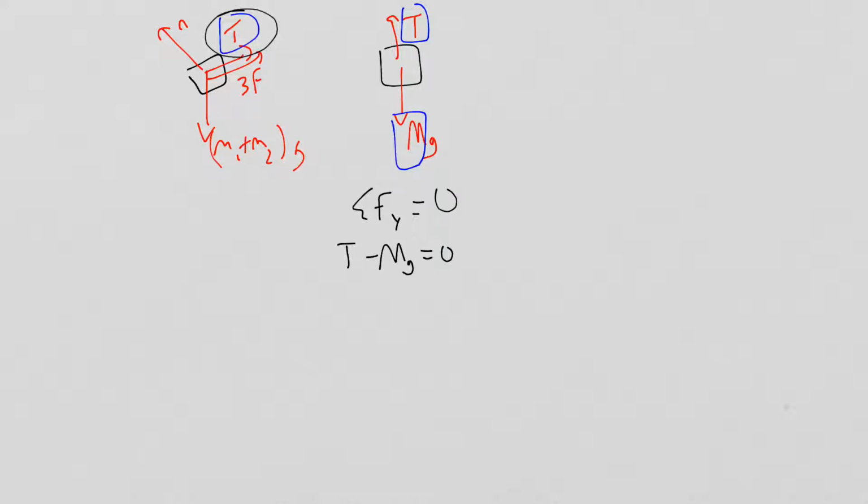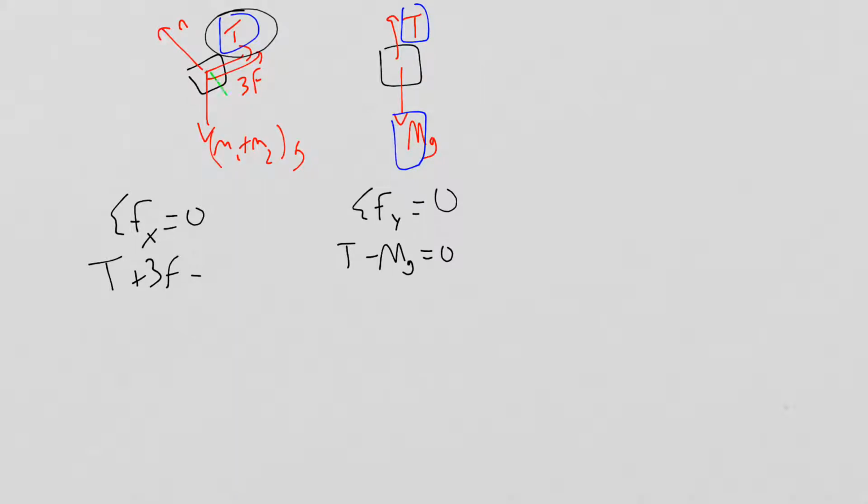We have to write the net horizontal force, because that's where that tension appears, equals 0. If the acceleration is 0, then the tension plus 3F, because those are in the same direction, minus part of the weight.